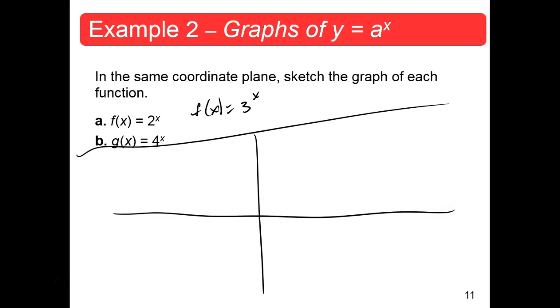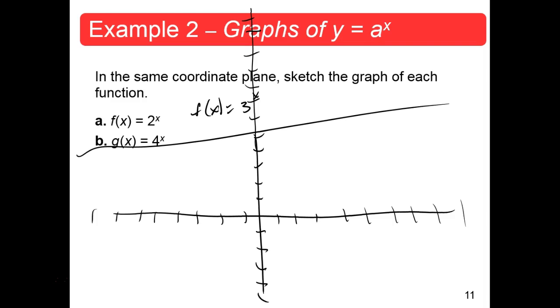First, let's draw f of x equal 3 to the x. Give me a few points here. F of x or y is equal to 3 to the x.